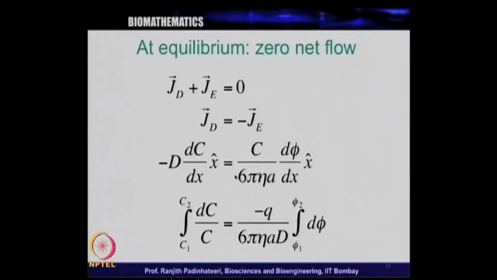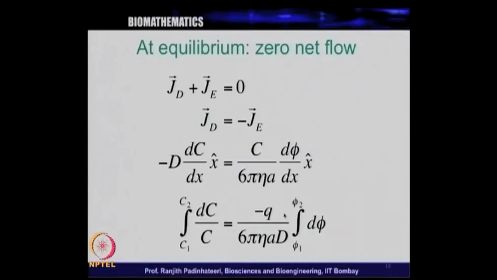So, essentially what you have is dc by c is equal to minus q by 6 pi eta a d into integral phi 1 to phi 2 d phi, and here c 1 to c 2 dc by c.